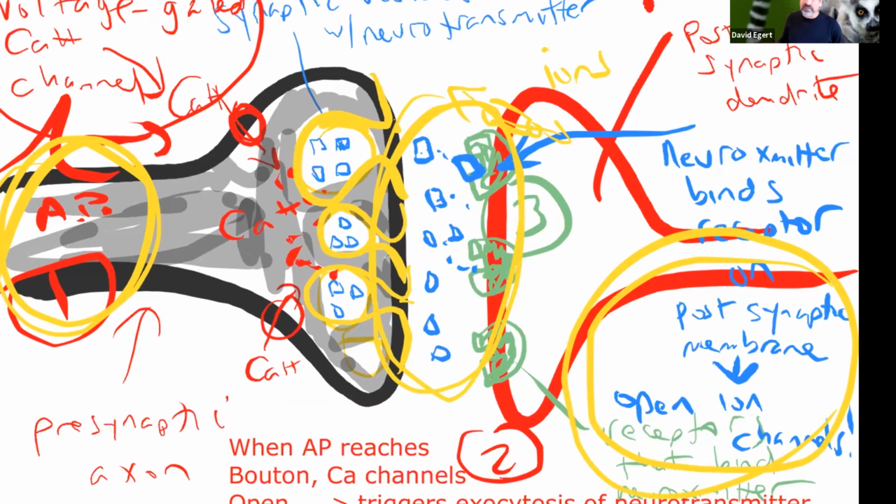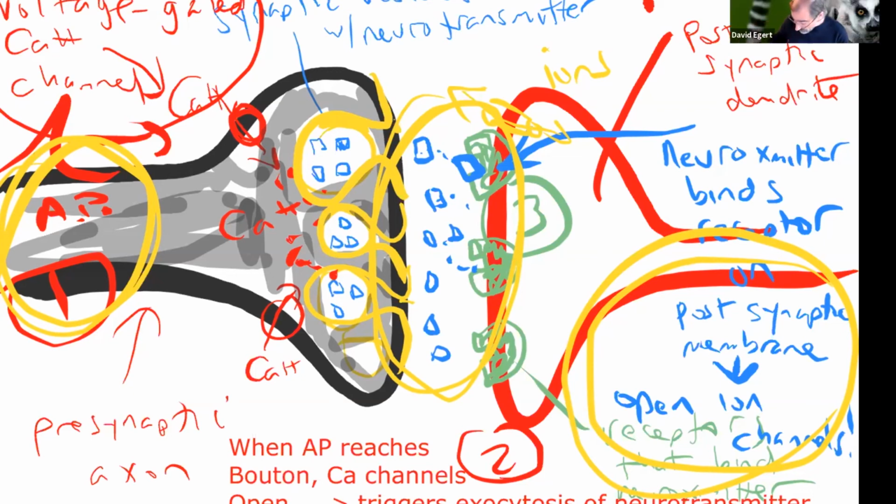And is the voltage going to go up or down? Is it going to be excitatory or inhibitory when we open channels on the next neuron? It could be either. Exactly. Excellent.